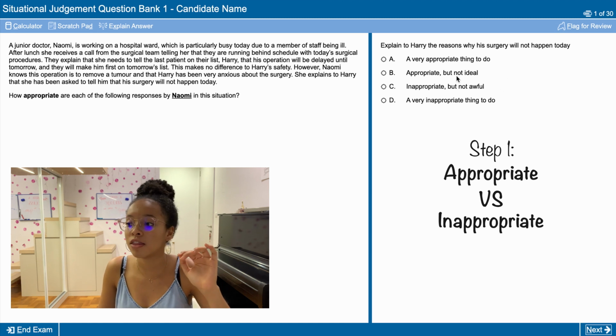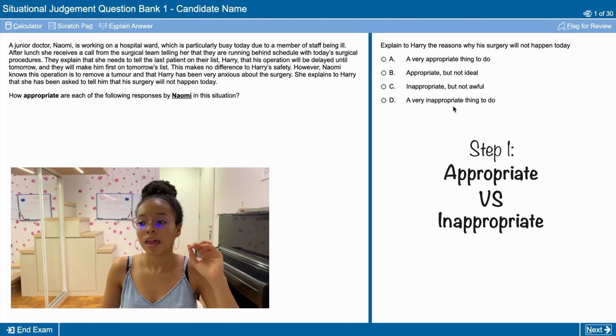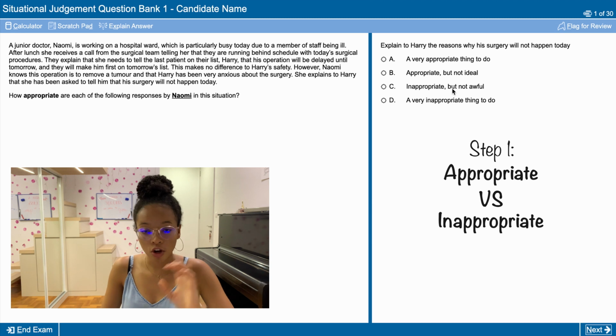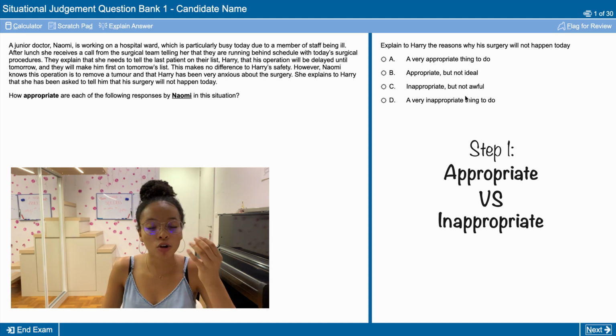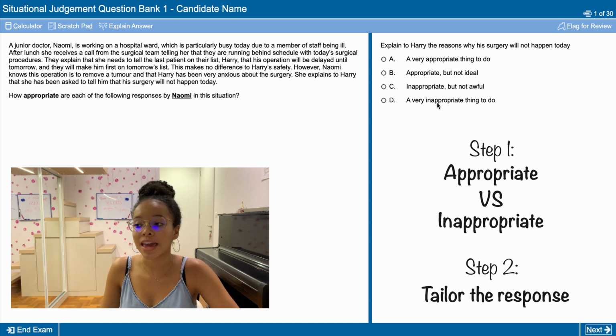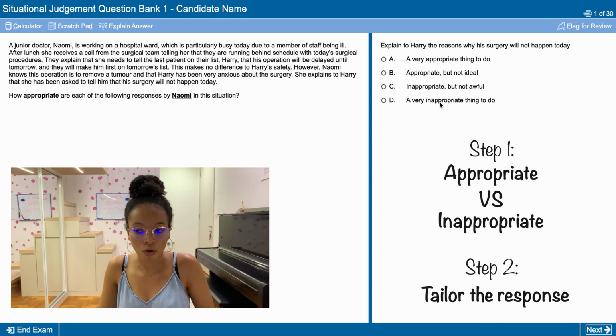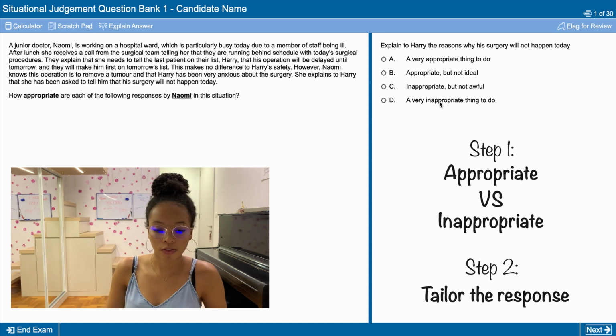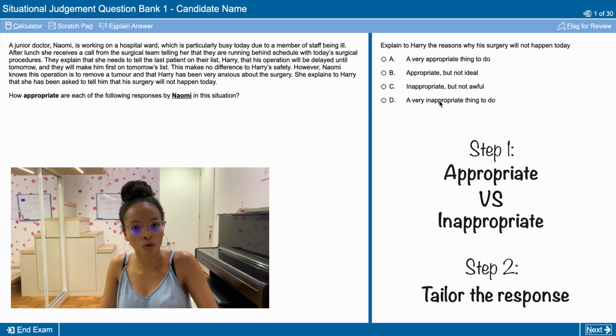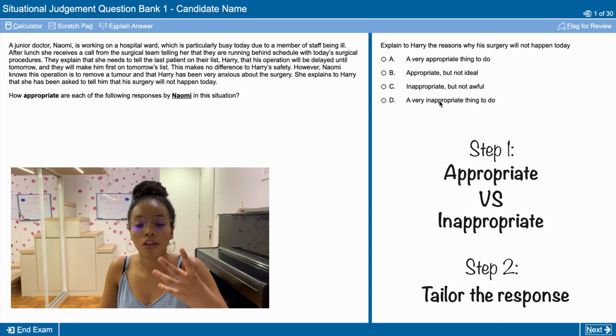Is it an A or B, or a C or D response? Once I have figured that out, I try to tailor my response and figure out: is this inappropriate but not awful, or is this a very inappropriate thing to do?